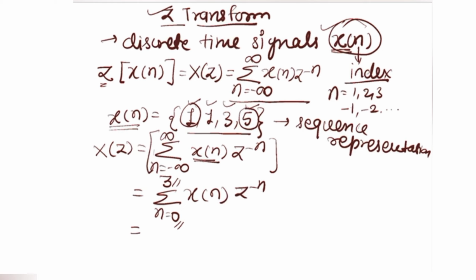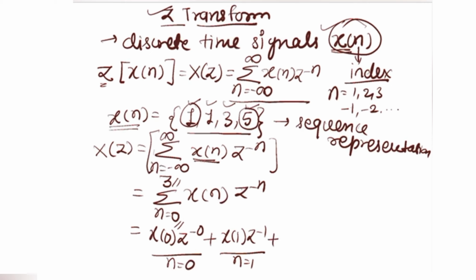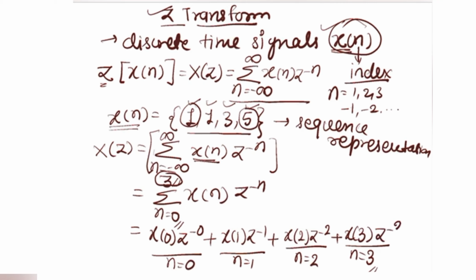When we expand this summation, for n equals 0, we will get x[0] z to the power minus 0, plus for n equals 1, we will get x[1] z to the power minus 1, plus for n equals 2, we will get x[2] z to the power minus 2, plus for n equals 3, which is the last term of this series, we will get x[3] z to the power minus 3.